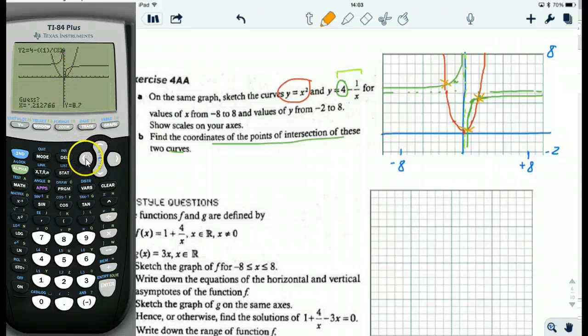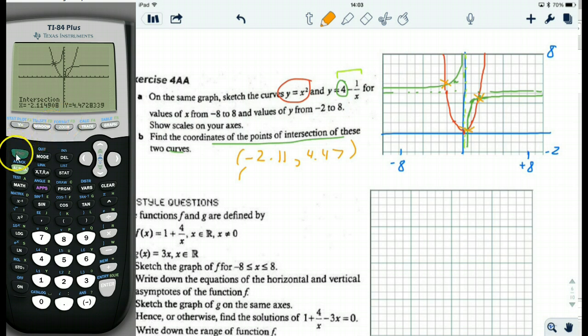Okay, that's why it wasn't working right now. And then your guess is, and I want to move close to the point that I want, so let's do this point first. I almost put it right on top. So the answer for this point would be negative 2.11, comma 4.47.